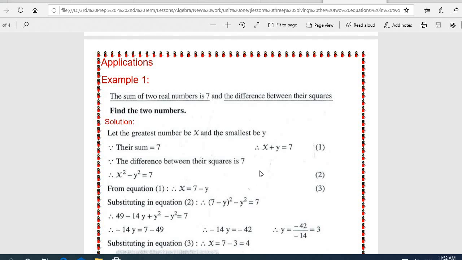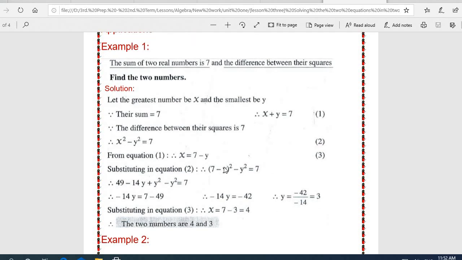From number 1, we find the value for x or y. We find x equals 7 minus y. Substitute it in number 2: 7 minus y squared equals 7.